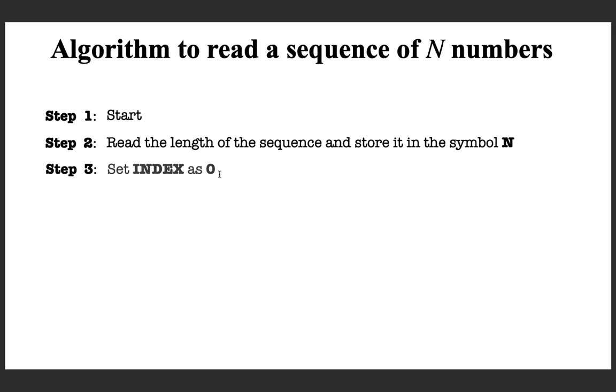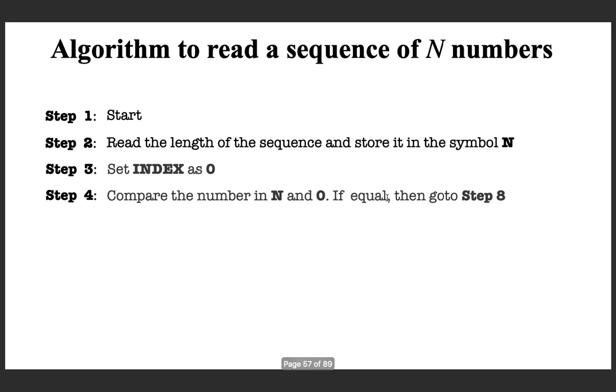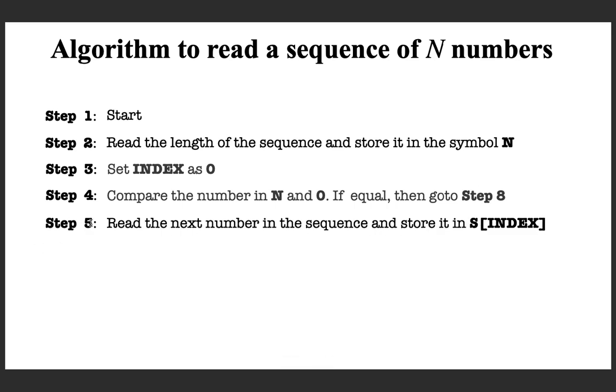And after that, you know that you have to repeatedly read until the remaining number of numbers becomes 0. So originally it is n. So if n is 0, then you don't have to read any more numbers. So you can stop, and that is why you are jumping to step 8. Otherwise, if you are coming to step 5, it means n is not 0.